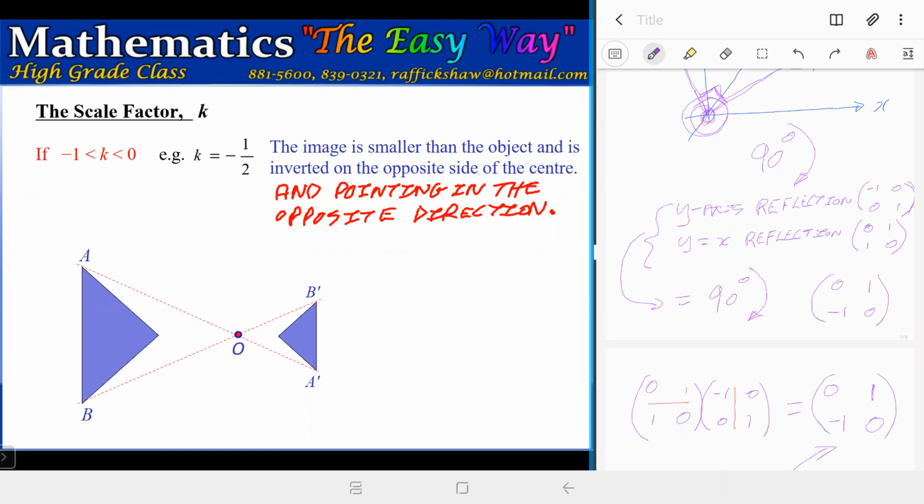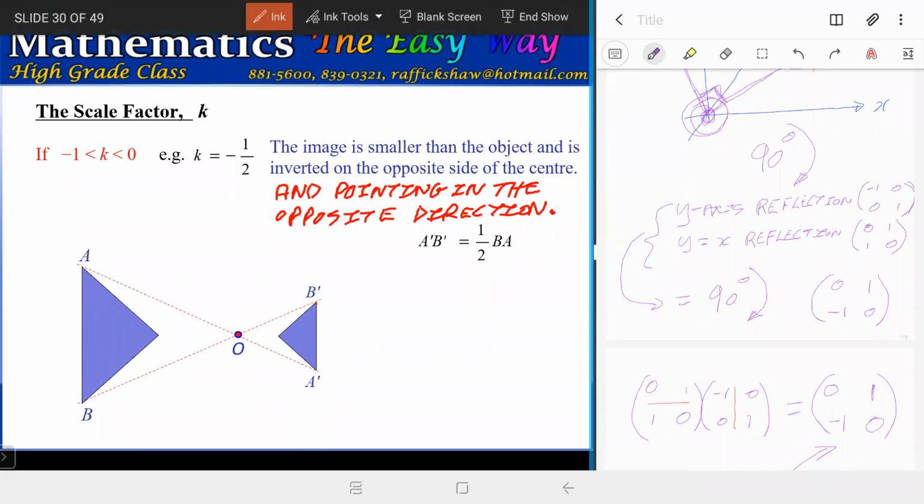And you can see, in terms of distances, A prime B prime is half the length of AB, or the scale factor value is a half. So it's half the size there. This image length is half of this one, just pointing in the opposite direction. That's why I've reversed the letters, to show that they point in the opposite direction.